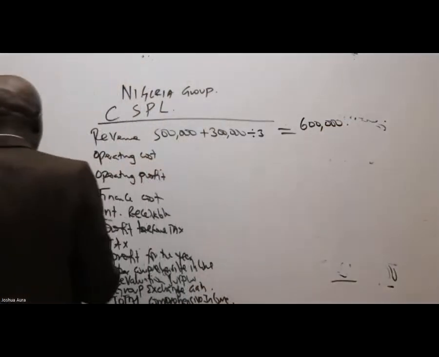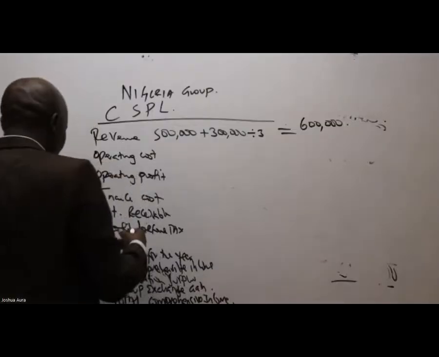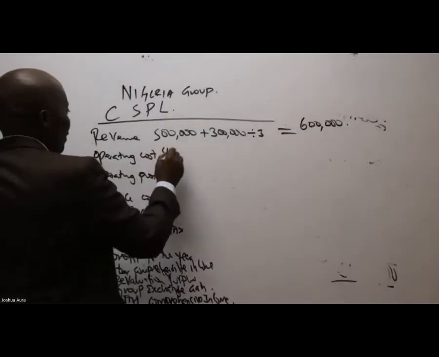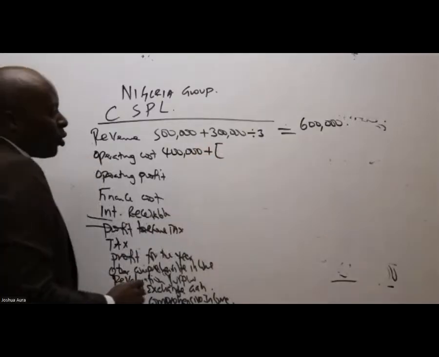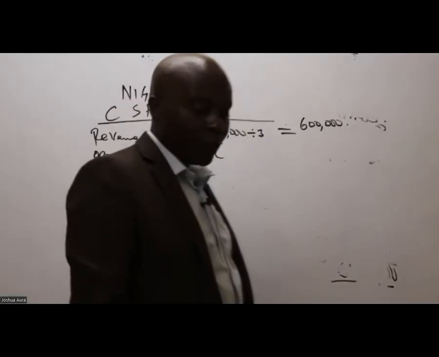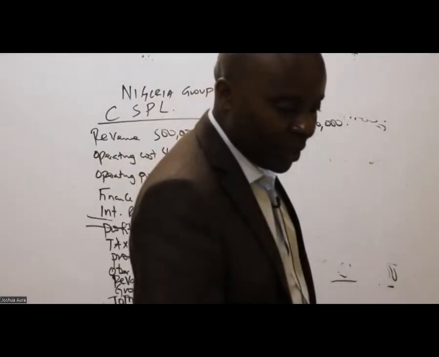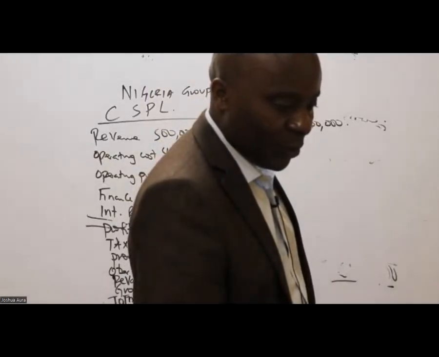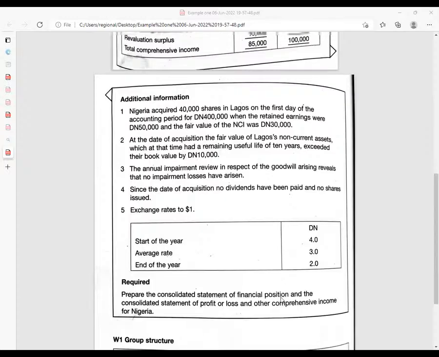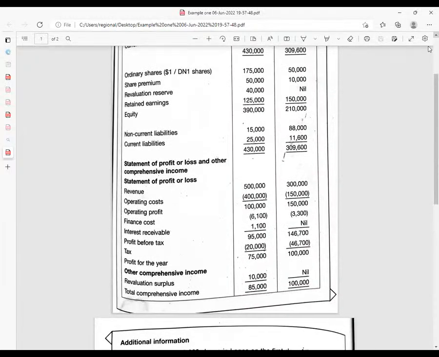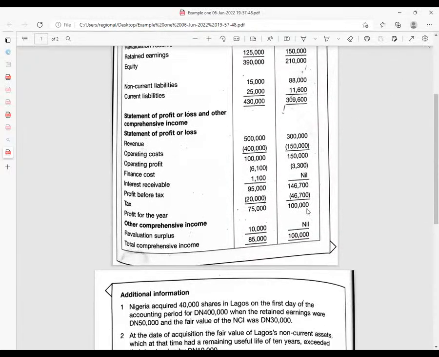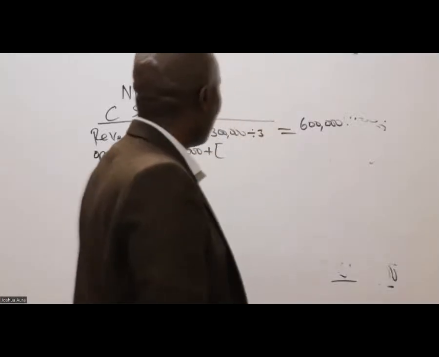So operating cost, what do I see there? I will take 400,000 plus the operating cost of the subsidiary, which you can see is 150,000 DNs.